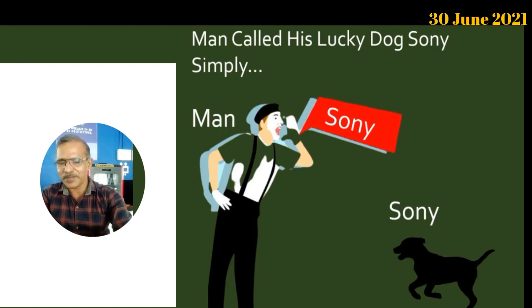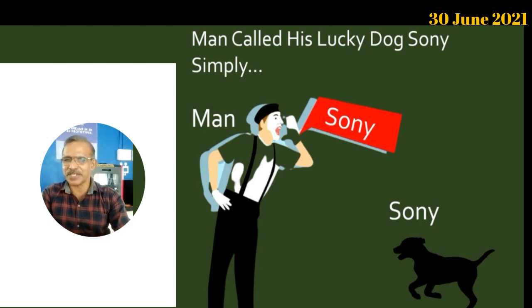But wait a minute. Why did we just shift our topic to this sentence from metals and non-metals? Well, this is a sentence which will help us to remember the titles of the properties of metals, physical properties of metals.